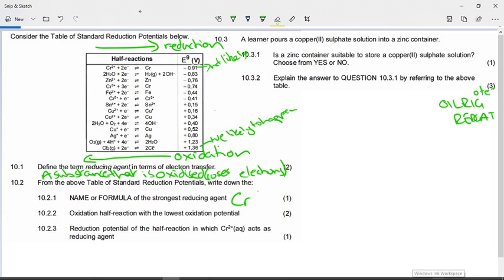Now it says the reduction potential of the half reaction in which Cr2+ aqueous acts as a reducing agent. Here we've got Cr2+ aqueous acting as a reducing agent. So if it is a reducing agent, it has to be on the right hand side.